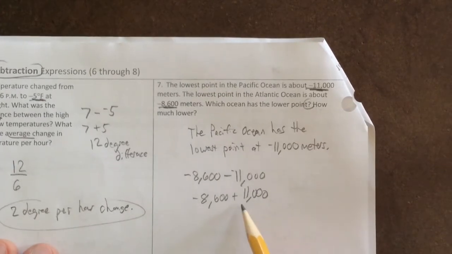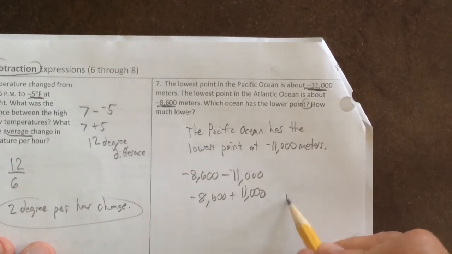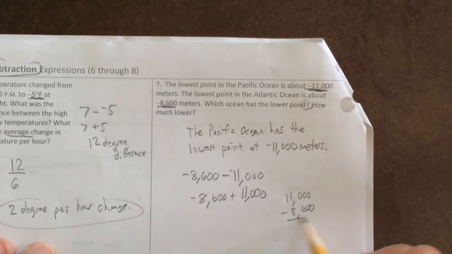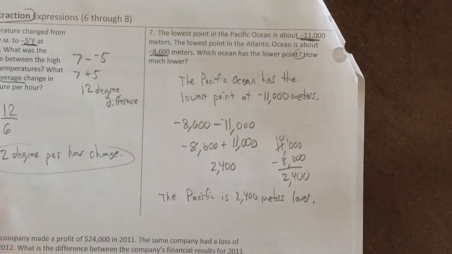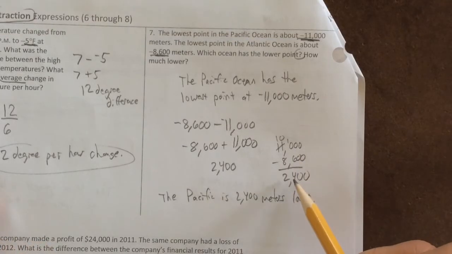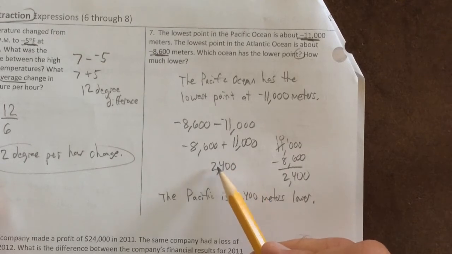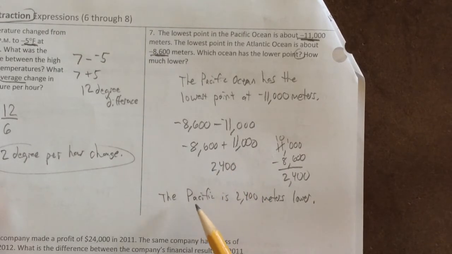And now in order to add those two with different signs, you just go off to the side, take their absolute values, and do a little subtraction. So after subtracting their absolute values, ended up with 2,400, which would be a positive, which gives me the answer of the Pacific is 2,400 meters lower.